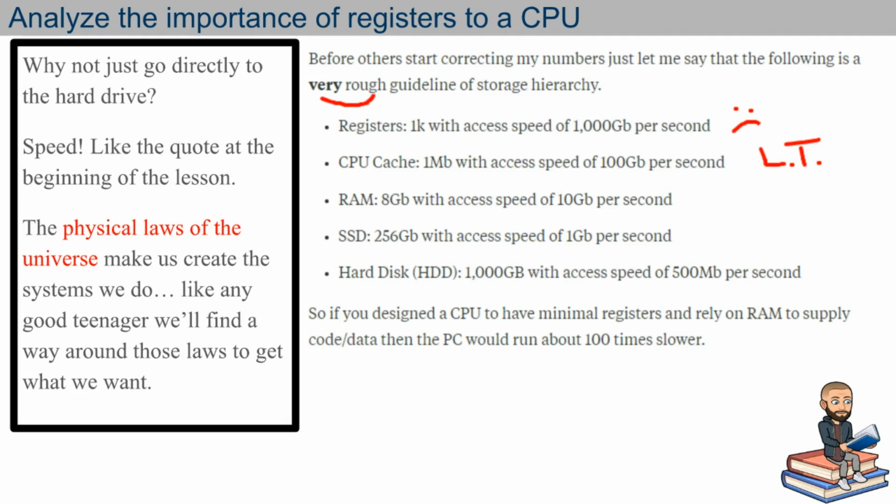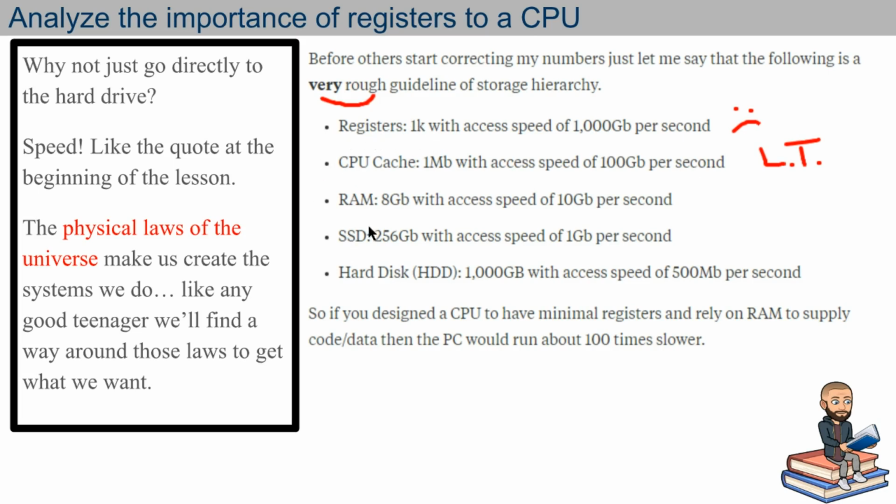We want fast computers. If you look at this nice little chart I found, basically the physical makeup of registers allow us to access those ones and zeros very, very fast. But they're not good for long-term storage. I can't put my movie on a bunch of registers and have them sit by the processor ready for me to go.